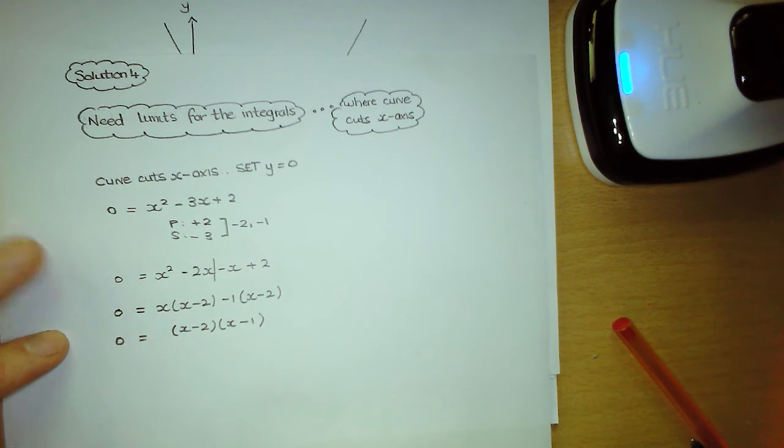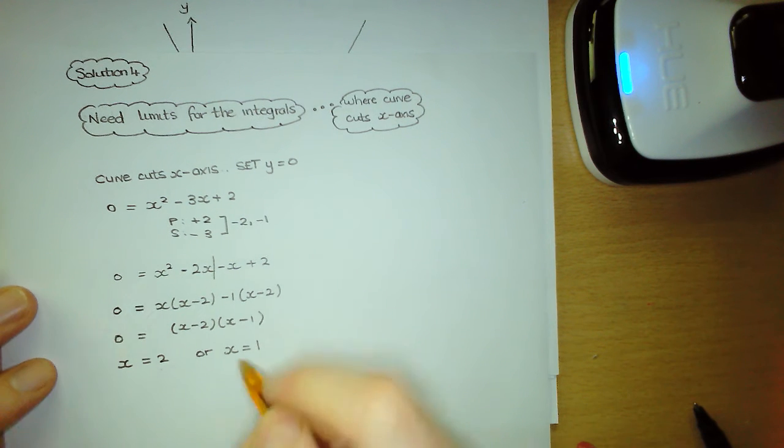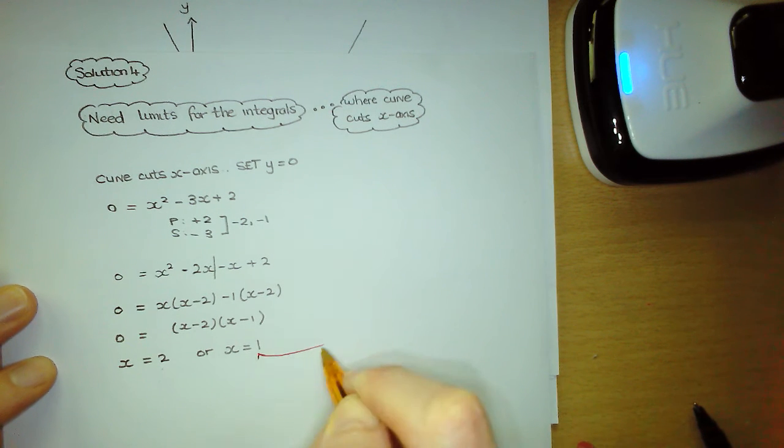So product of two brackets equals 0. So first bracket equals 0, which means x would equal 2. Or the second bracket could equal 0, which means x would equal 1. So we've got our two values of x, so these are the limits that we're going to need.